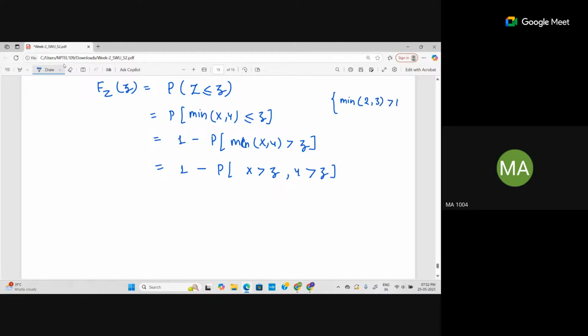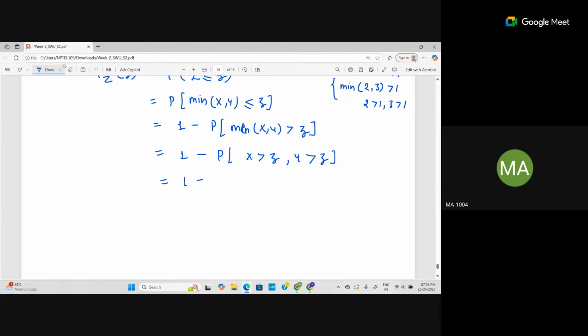In 2 and 3, 2 is the minimum, and 2 is greater than 1, then 3 will definitely be greater than 1. So both 2 and 3 will be greater than 1 in that case. Same thing I have written here: if the minimum of X and Y is greater than some value, then both the values should be greater than that particular value.